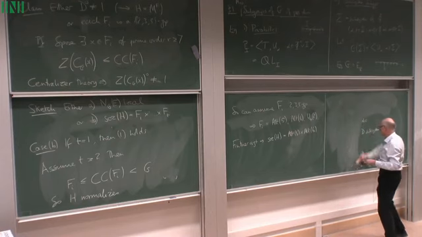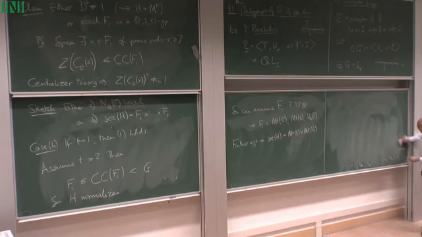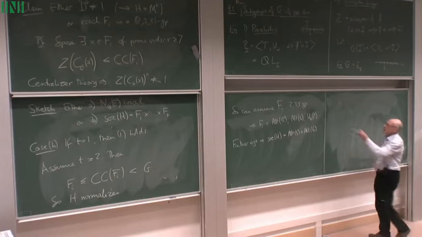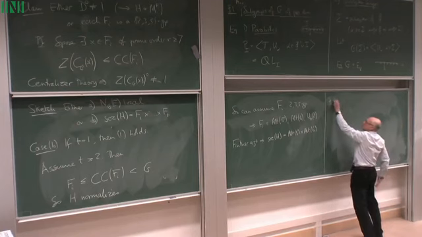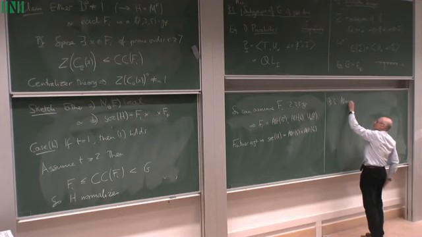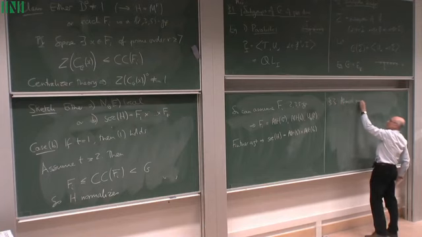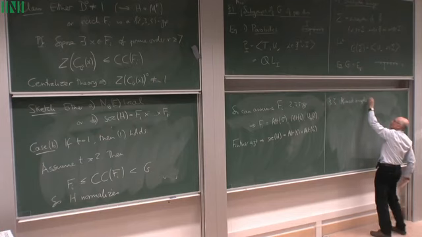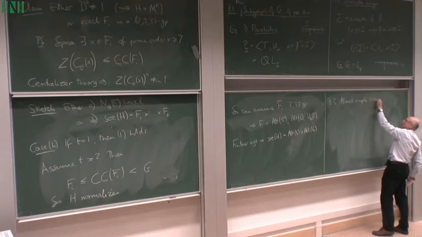Maybe I shouldn't have done that. So maybe we'll have a new section. So we're looking for almost simple maximal subgroups of our exceptional groups.